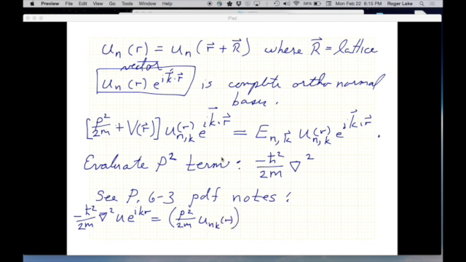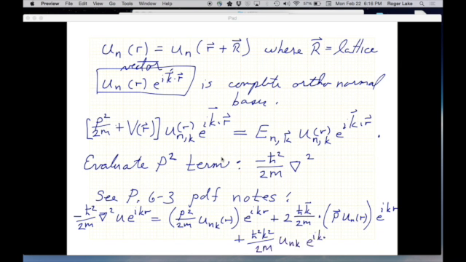So when I close the parentheses, it does not act on the e to the i k dot r now. Plus 2 times h bar k over 2m dotted into p, which is again only acting on the u term with an e to the i k dot r sitting out here, and plus the last term, h bar squared k squared over 2m, u e to the i k dot r.